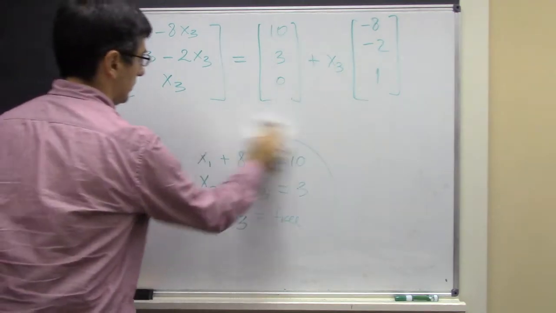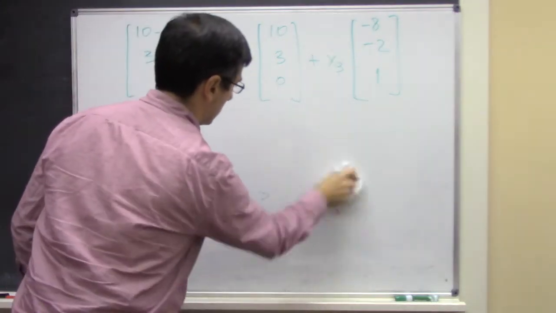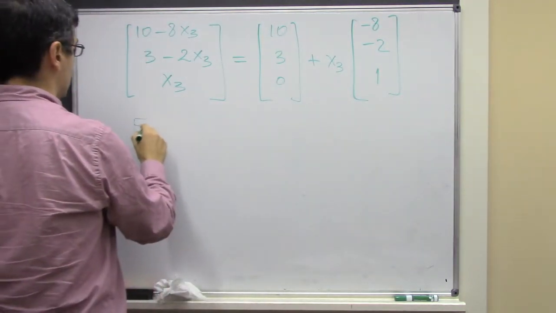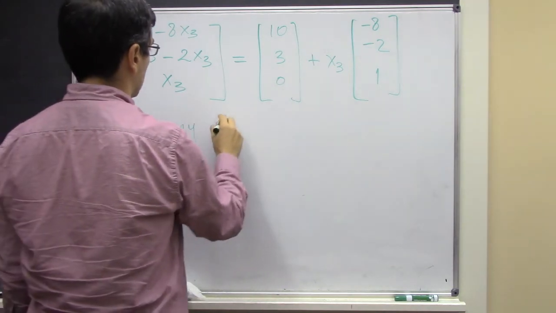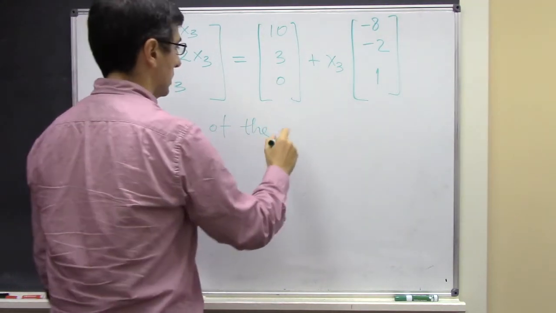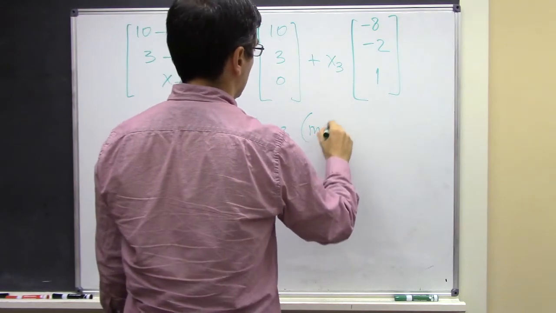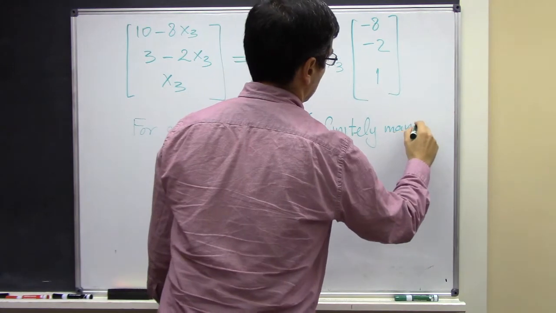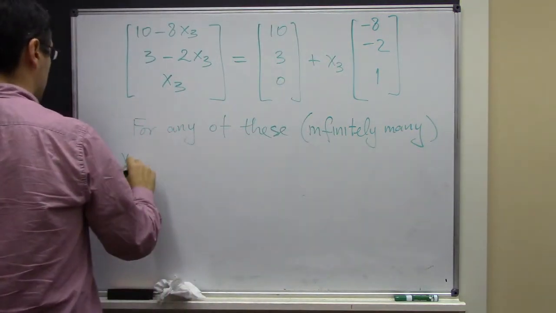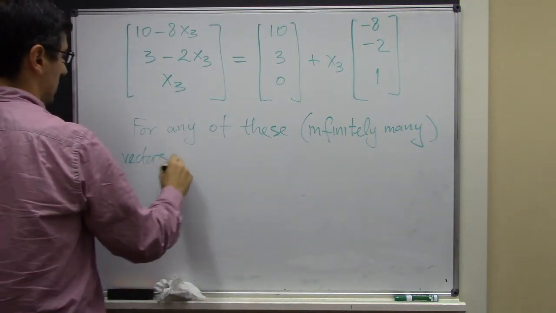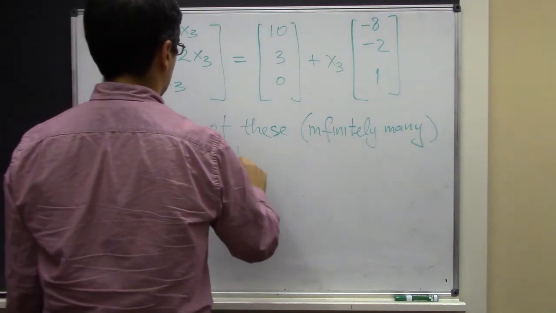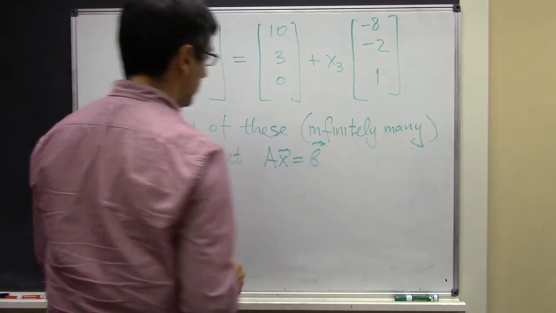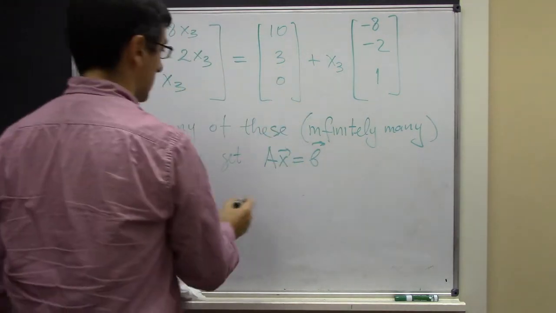For any of these infinitely many vectors, AX will be equal to b. So all these vectors map to b.